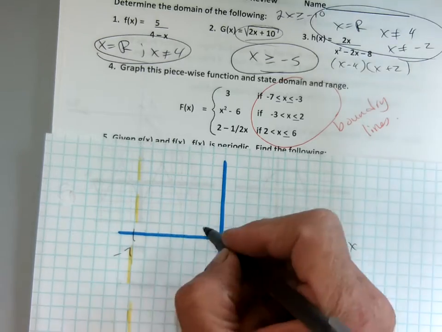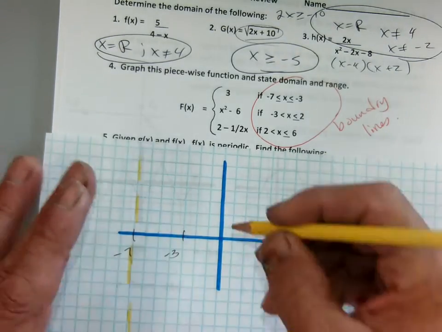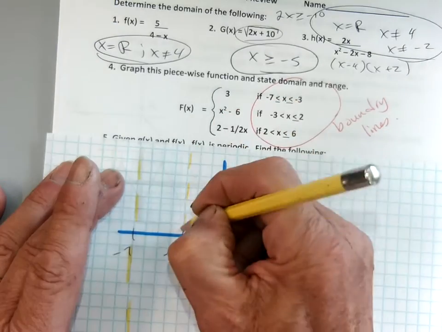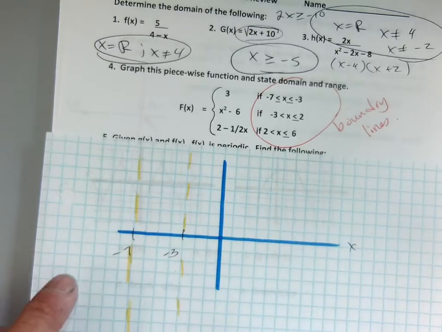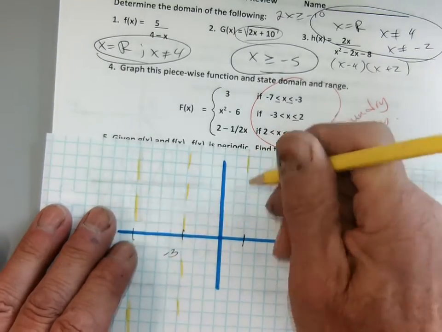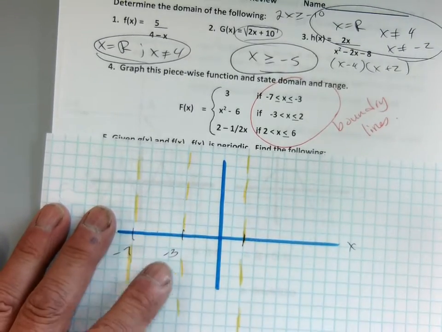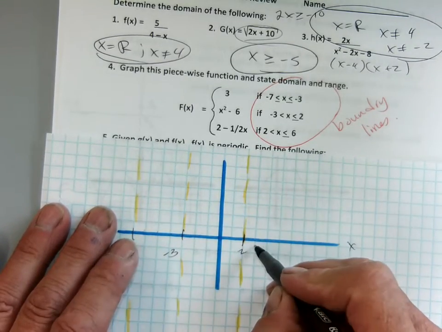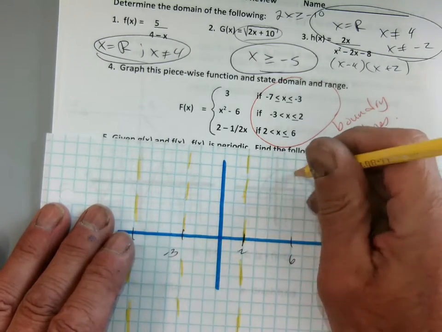And at negative 3, I have a boundary line. And at 2, I have a boundary line. And at 6, I have a boundary line.